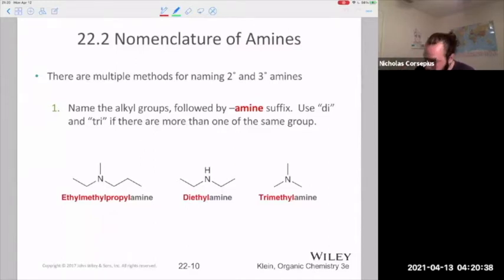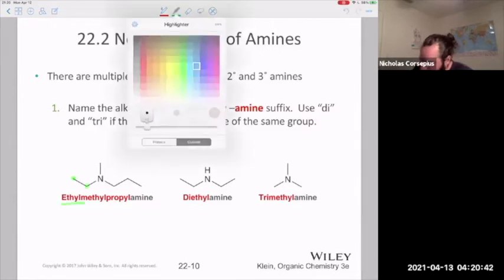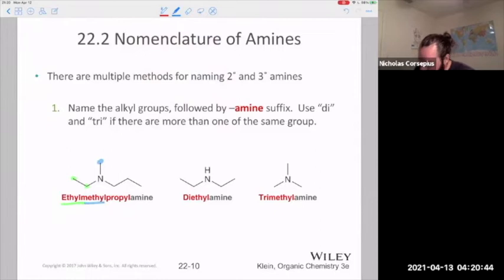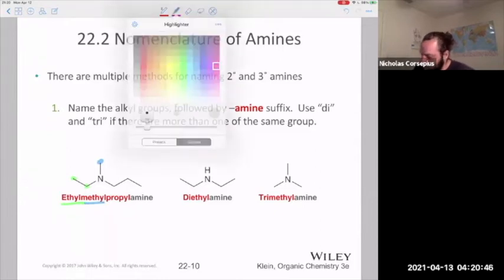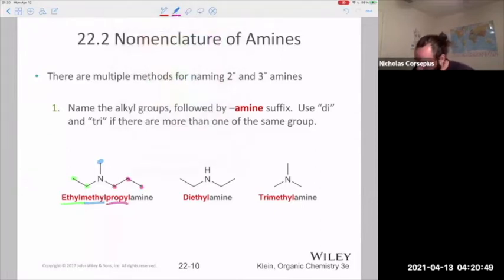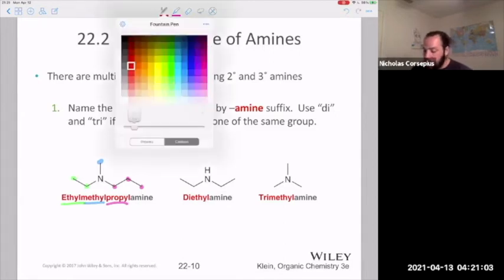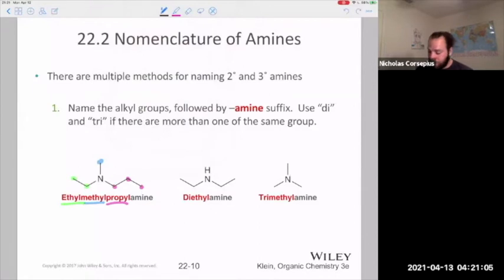So in this case, in alphabetical order, we have ethylmethylpropylamine, diethylamine, trimethylamine. Okay, notice how these are treating those alkyl groups as if they were substituents on there. Again, these are IUPAC accepted, but I consider these to be more common names.